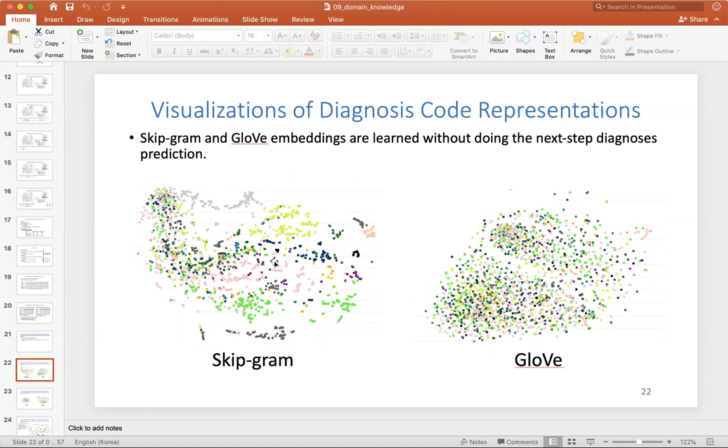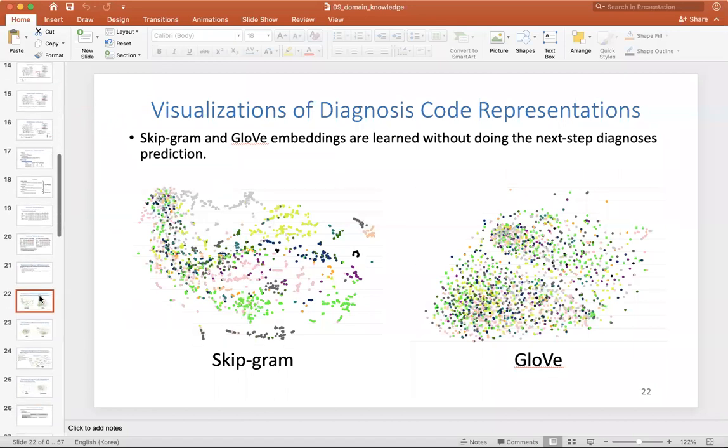Note that I didn't use skip-gram and GloVe in the prediction tasks; I'm just showing them for reference. It seems that skip-gram is a bit more structured, learning more structured codes compared to GloVe, which is almost scattered randomly. But here you can see at least the gray codes are sticking together, and of course green codes together, pink codes together, something like that.